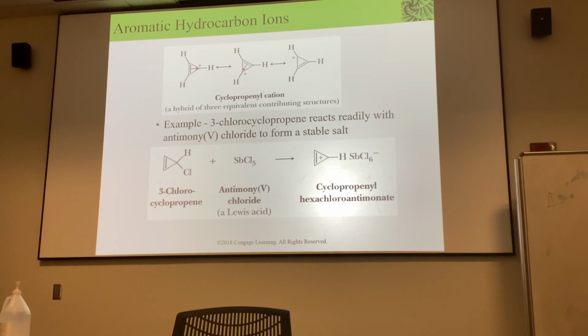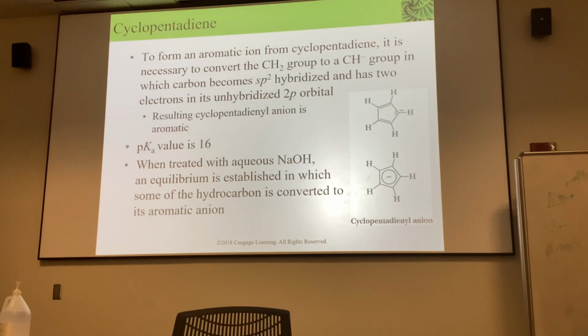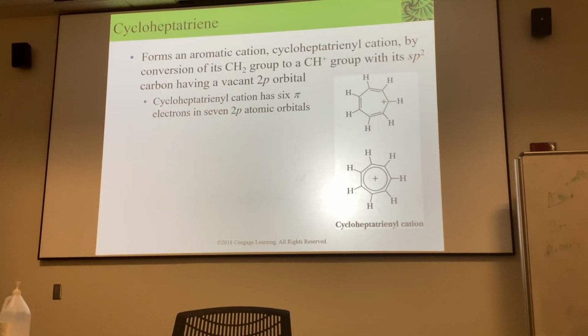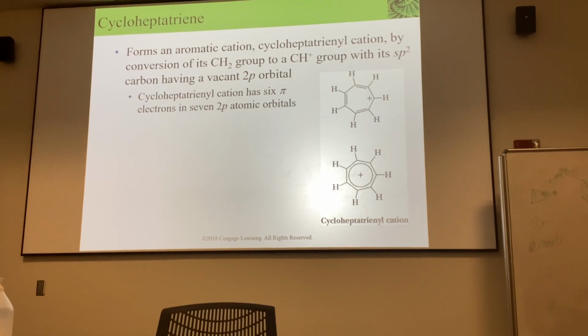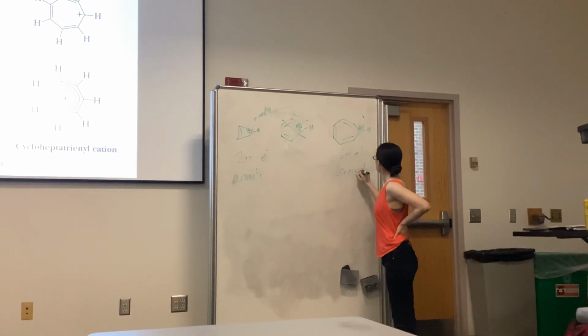In which case, this still has 2 pi electrons, so it becomes aromatic. This guy, we're not going to be able to form, so let's get to that in a second. And this guy would be 6 pi electrons, so it's aromatic.